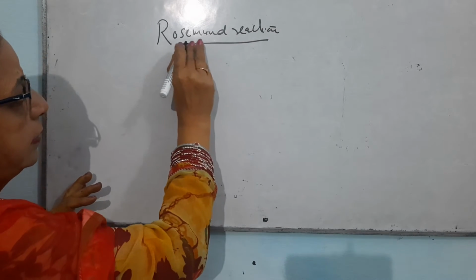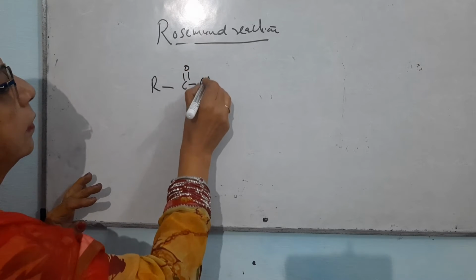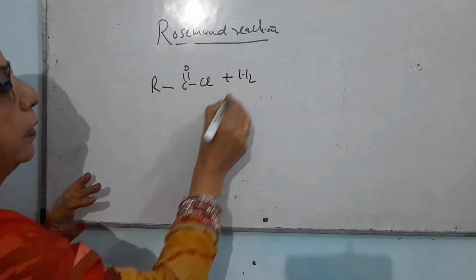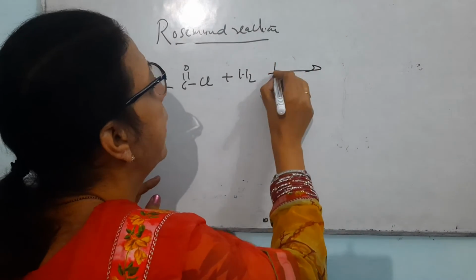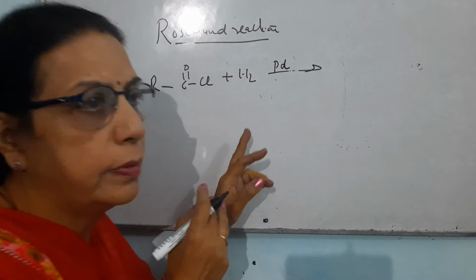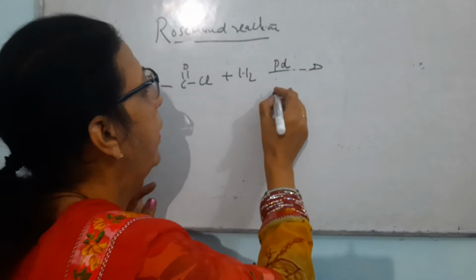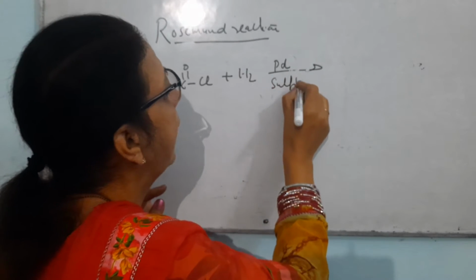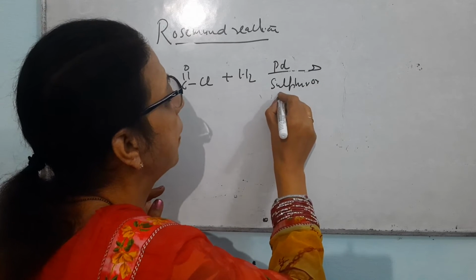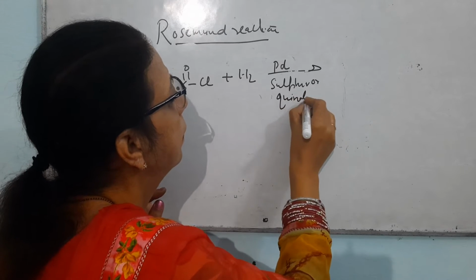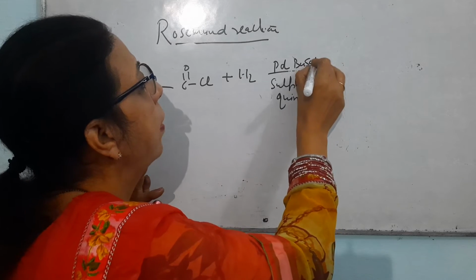This is the reaction of acid chloride with hydrogen. In this reaction, palladium is used as a catalyst. It is supported by barium sulfate, and sulfur or quinoline is added just to prevent the poisoning of the catalyst.